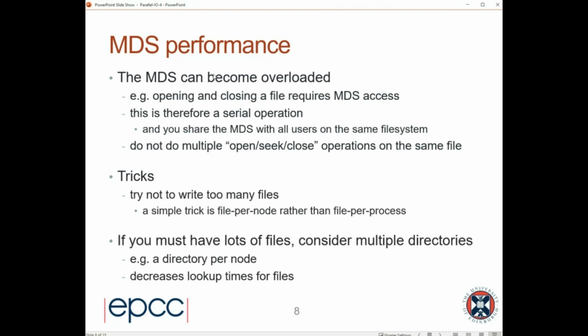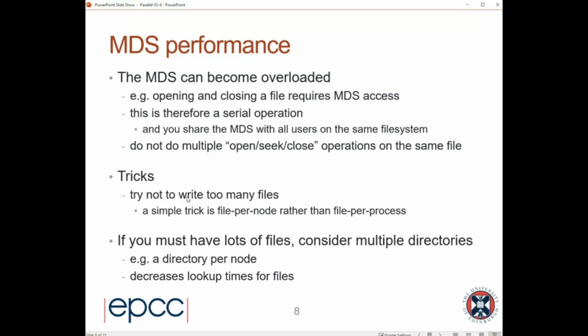So, tricks: try not to write too many files. A very good, simple trick is file per node rather than file per process. That will reduce your number of files by more than two orders of magnitude. If you don't really want to do genuine parallel I/O, I would say that doing a file per node, or a number of files per node, is pretty good. That probably means there's not too much data per node, so you might just be able to do a gather and write them.